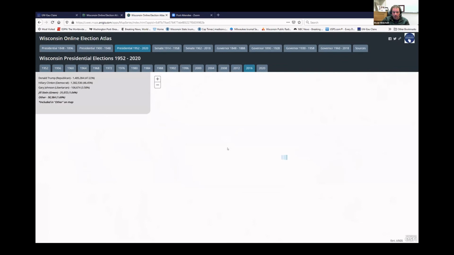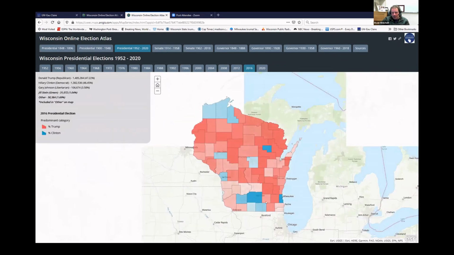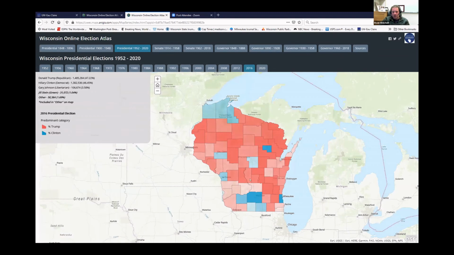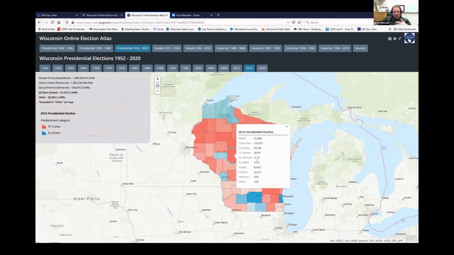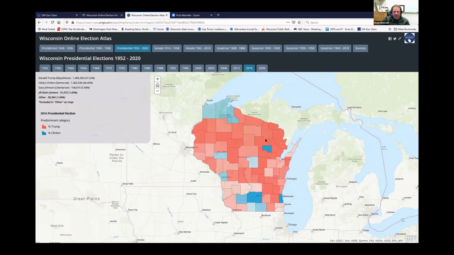Here's 2016 in Wisconsin, and we start examining things at the county level. It becomes interactive. We learn where counties are. We can see what the vote is, and it gives the people looking at it a bit more ownership of the data, because they're the ones playing with it. It's not super interactive, but it does give you some information associated with that.